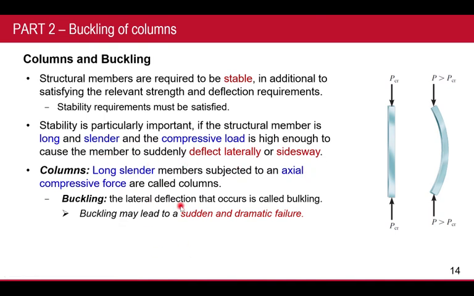This lateral deflection that occurs is called buckling. Buckling is one of the very important failure modes for slender columns, and it may lead to sudden and dramatic failure.